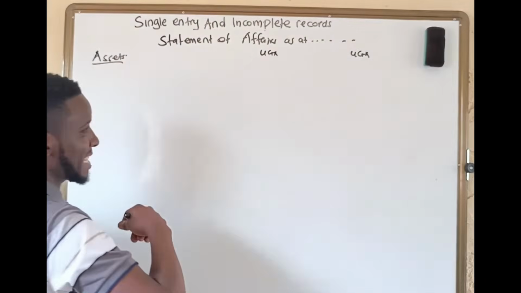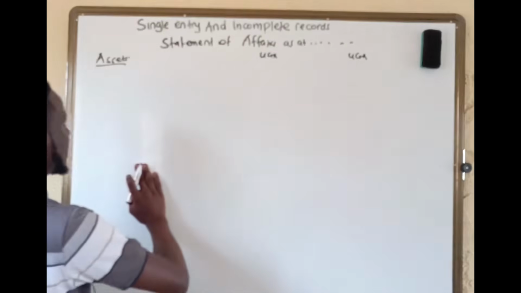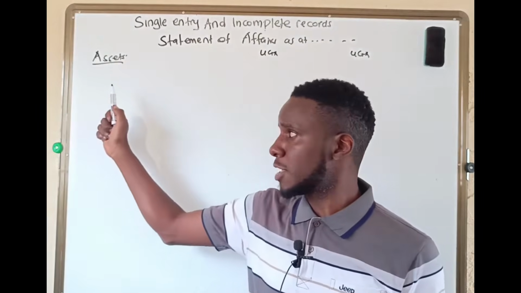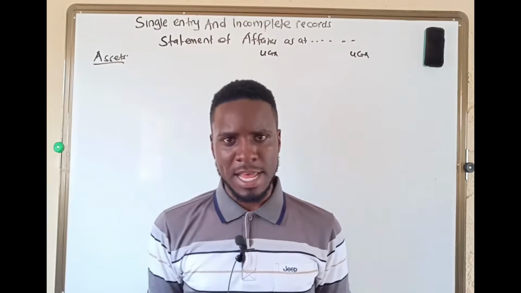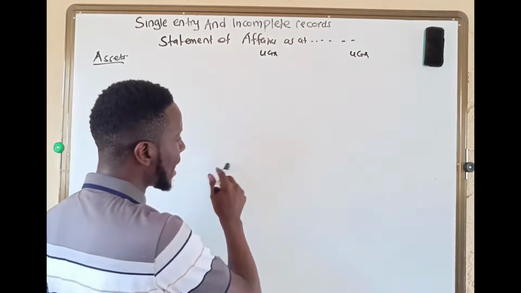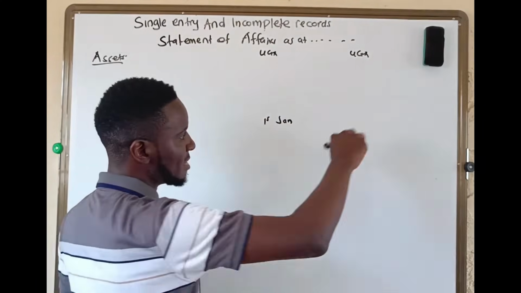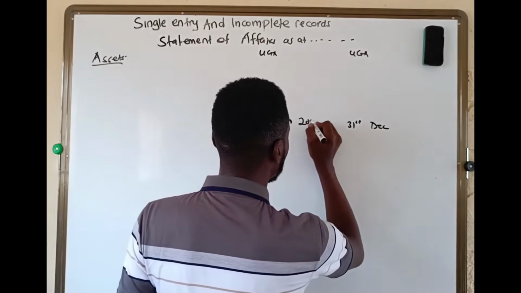So, let's say we are an organization, and at the beginning of the year, they had assets. Where are you going to get these values from? They always give you what they call a list of balances. From the list of balances, they will tell you the values at the start of the year, 1st January, and also 31st December, let me say 2023.